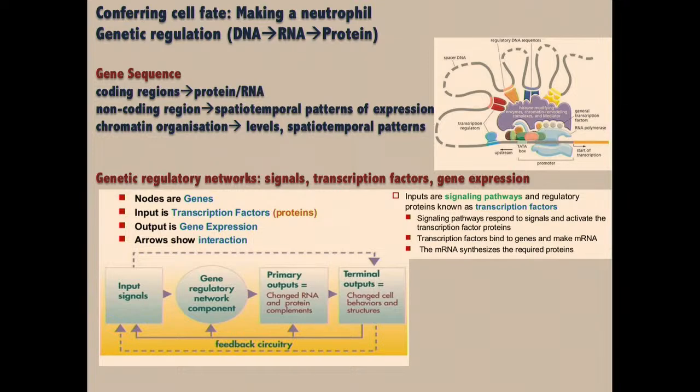And I'm not going to speak about the exquisite genetic regulation that operates to make a neutrophil, right? Much of this is information contained in the genome, of which both the coding regions and the non-coding regions, as well as the higher order organization of the DNA in the nucleus, contribute to the making of a neutrophil.